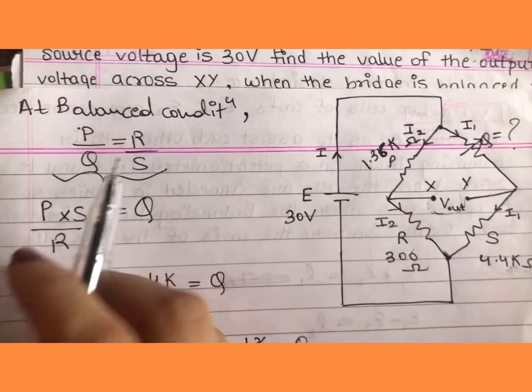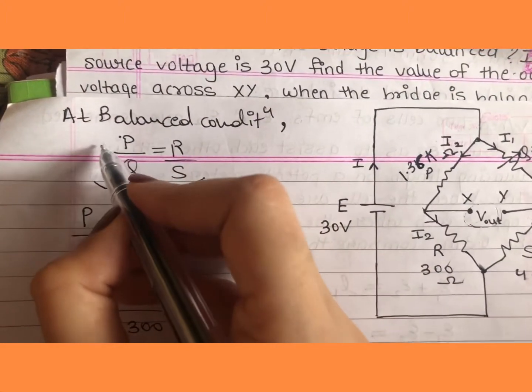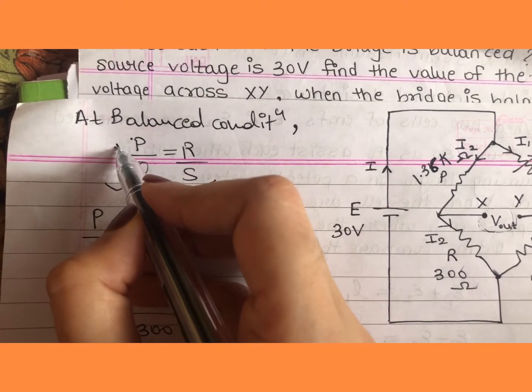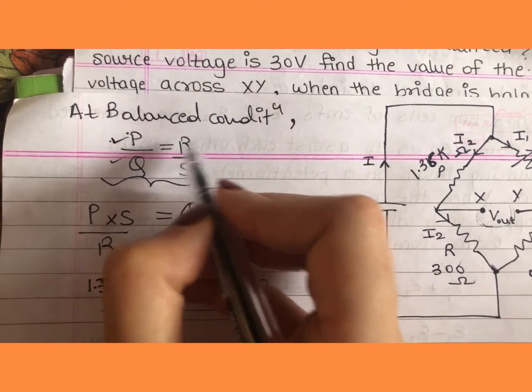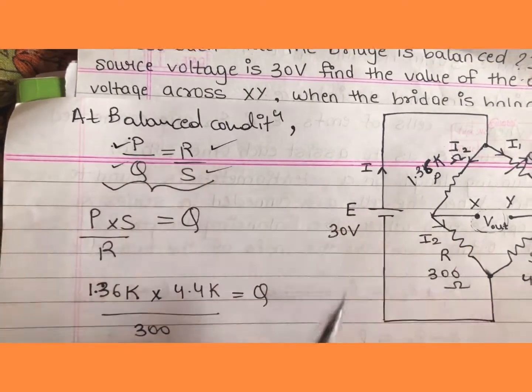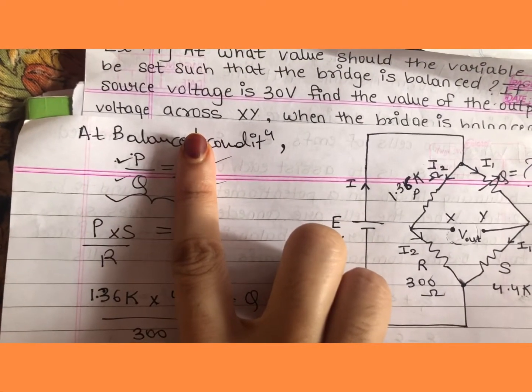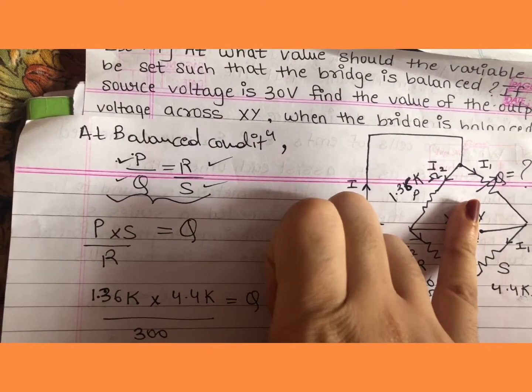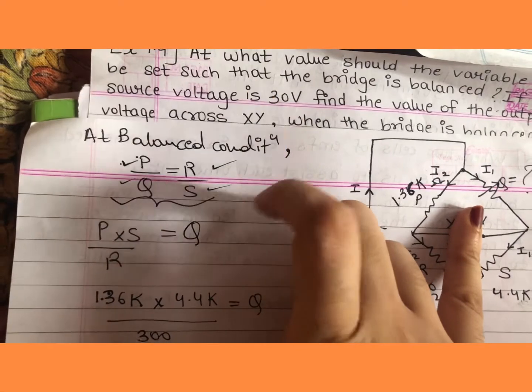Now bridge balance means either we'll find out the potential difference across these two or across these two. If you're finding across these two and then calculating output voltage, you'll get an answer.